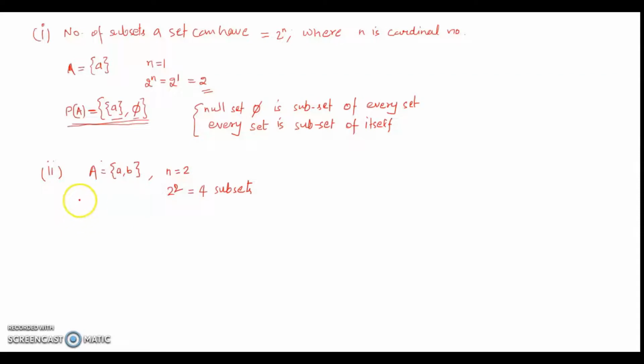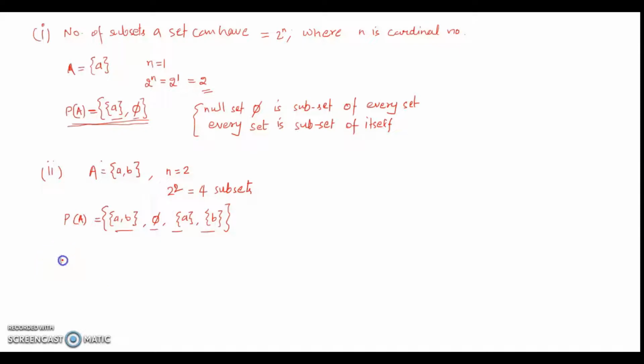Now what these 4 subsets are, first of all, let's start with that thing, every set is a subset of itself, {a, b}. Phi, the null set, is a subset of it. Then {a}, a singleton set, is a subset of set A. {b} is another subset, which is a singleton subset of A, and all of this collection will come in the power set of A. So 4 subsets, 1, 2, 3, 4.